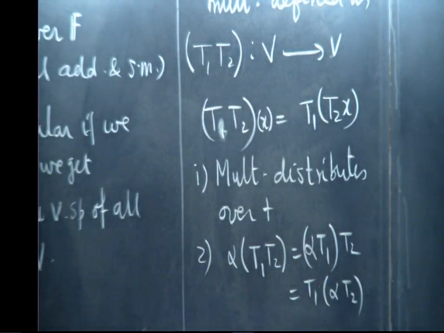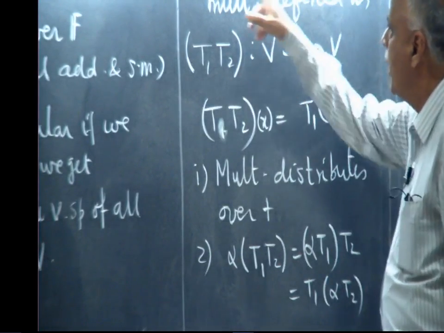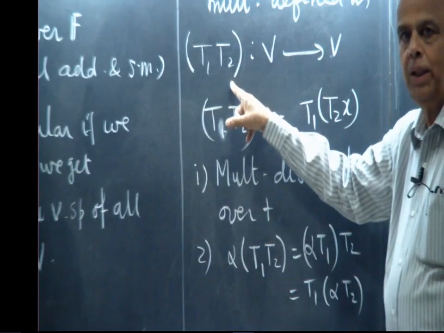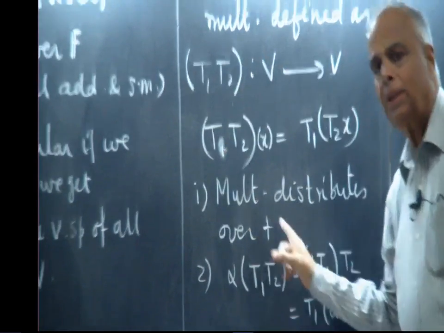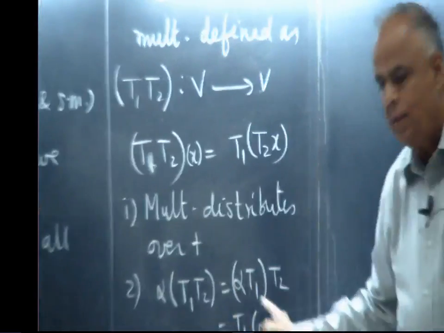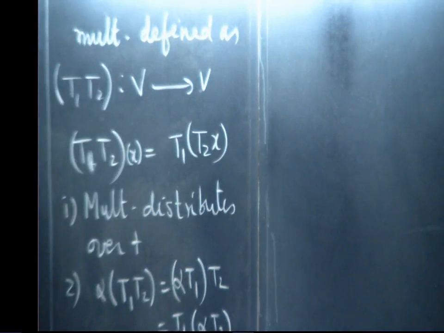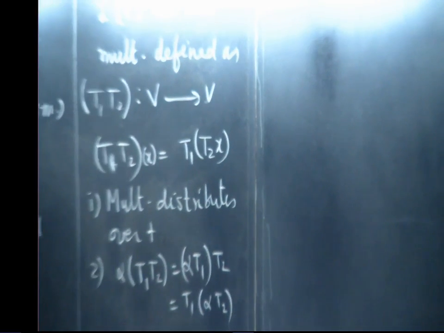Okay. So what is the structure here? I have a vector space. On the vector space there is a multiplication, and that multiplication is distributive, and the scalar multiplication behaves nicely. Such a structure is called a linear algebra.